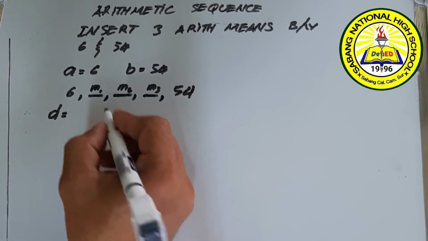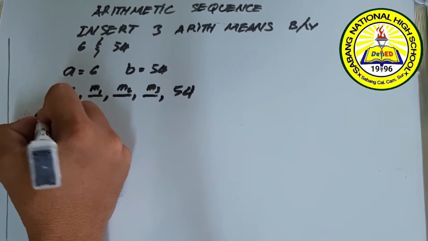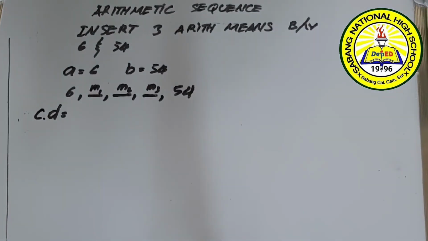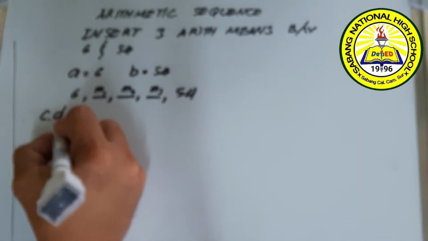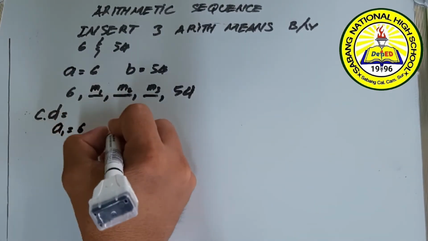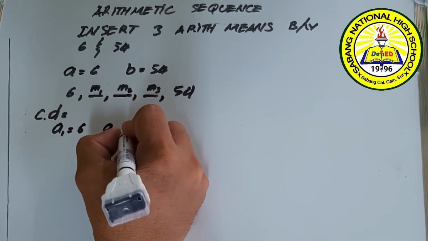So, m sub 1 can be found by adding the common difference to 6, but we don't know yet what the common difference is. How are we going to find it when we only know that a sub 1 is 6 and a sub 5, which is the value of b, is 54?